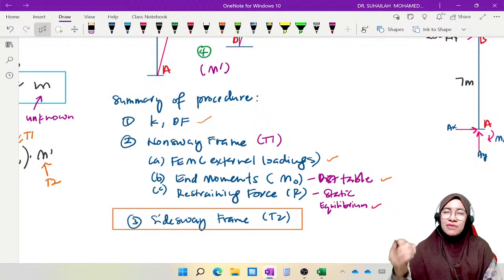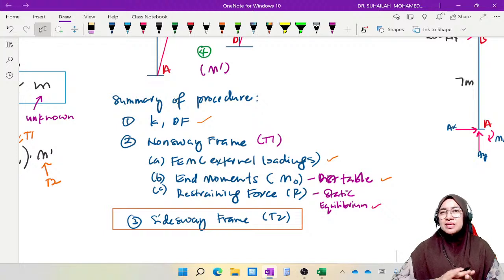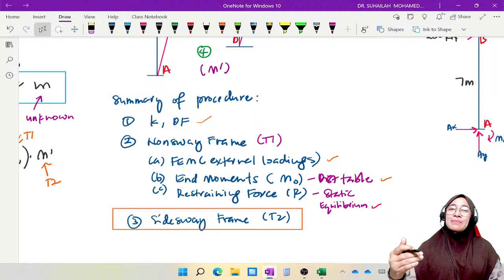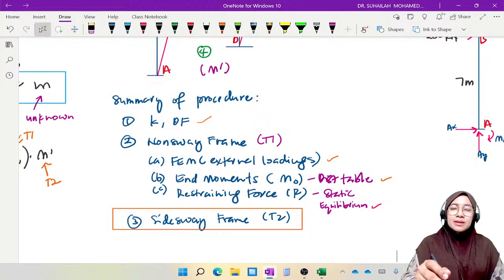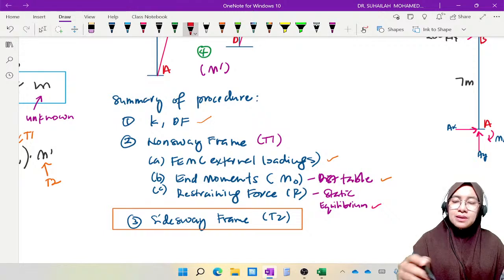The distribution factor is used for both analyses, the non-side sway frame plus the side sway frame. And we have done procedure number 2. This is the non-sway frame, table number 1.